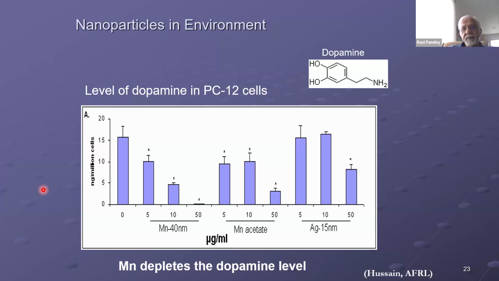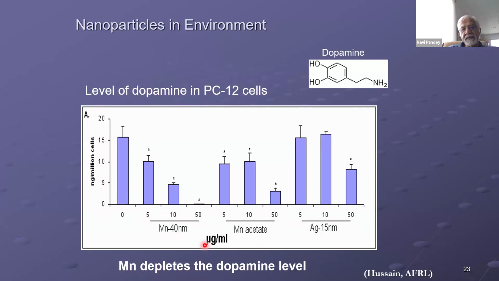What he has done is look into dopamine. Dopamine is a neurotransmitter we all have in our brain, and if you become happy, the level of dopamine goes high. So he's monitoring the level of dopamine in PC12 cells. If you look at it here, this is the cell count, and these are the different nanoparticles.